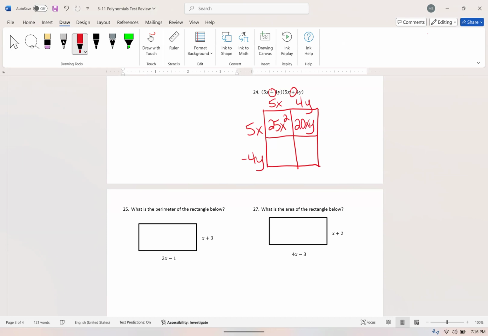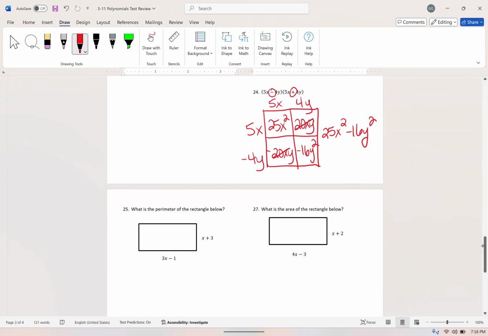Negative 4y times 5x is negative 20xy. And negative 4y times 4y is negative 16y squared. So we can see that these are going to cancel, leaving us with just 25x squared minus 16y squared.